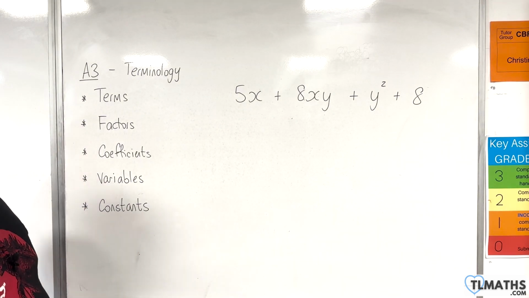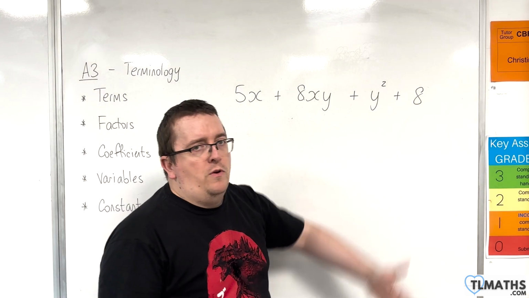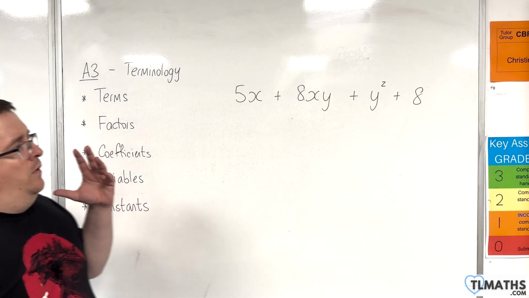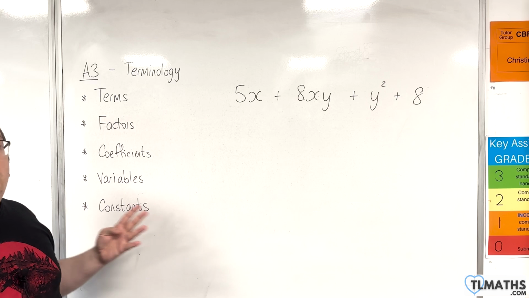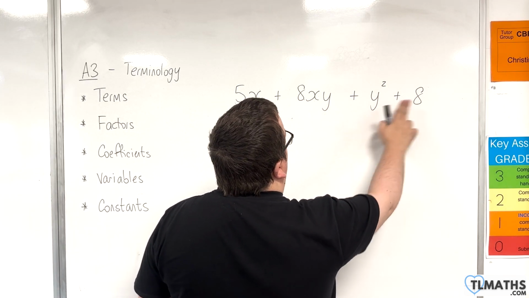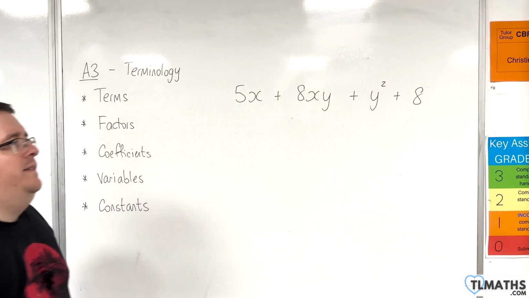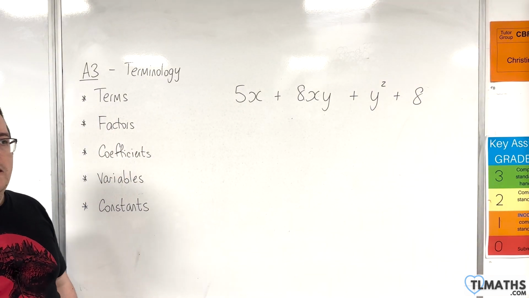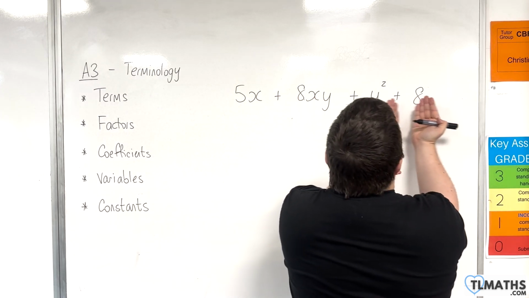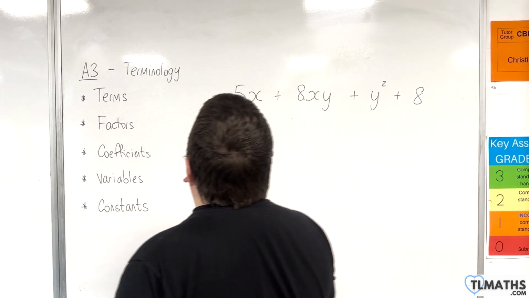Okay, so here is an algebraic expression. Now, this expression has 4 terms, so each of these I would refer to as a term in the expression. You can see them as individual bits.